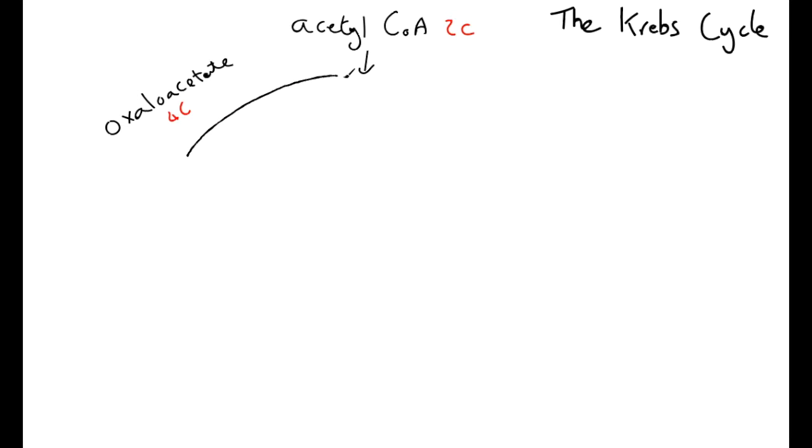But basically, the acetyl coenzyme A joins with that, and that produces a 6-carbon molecule called citrate. And this, you would say, is step 1.